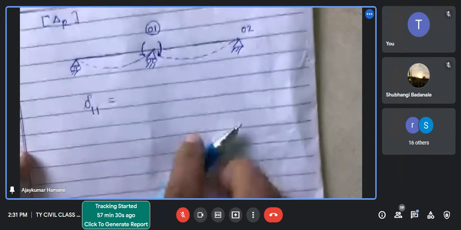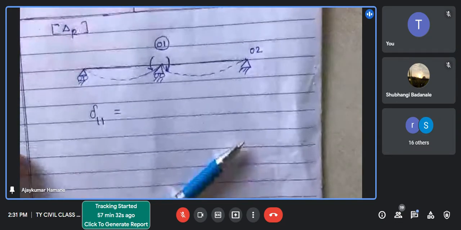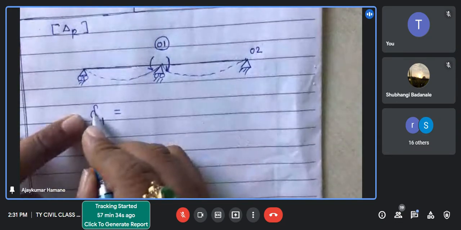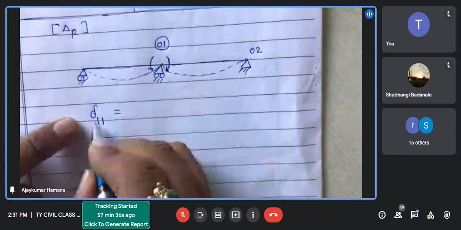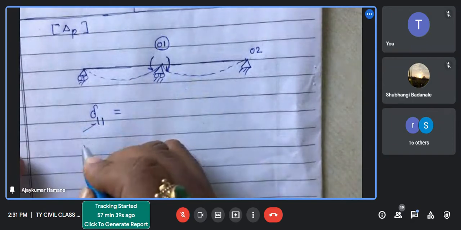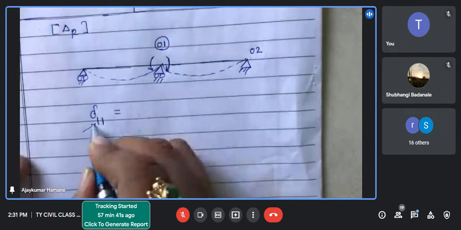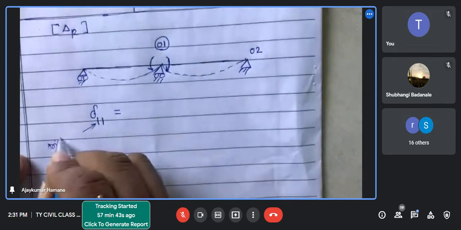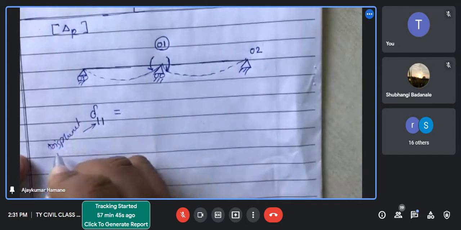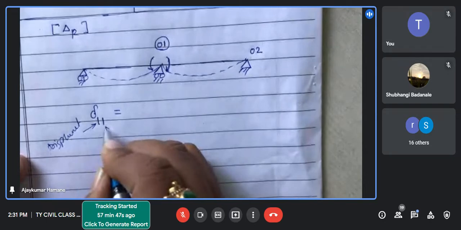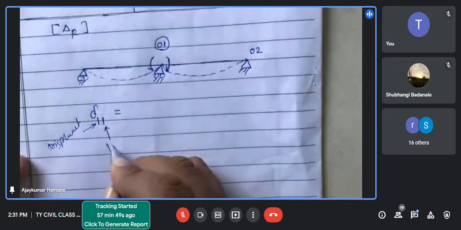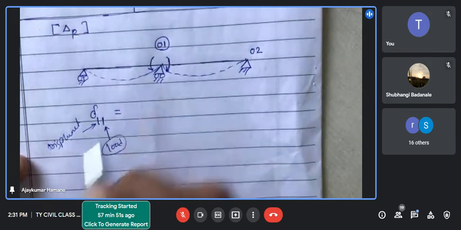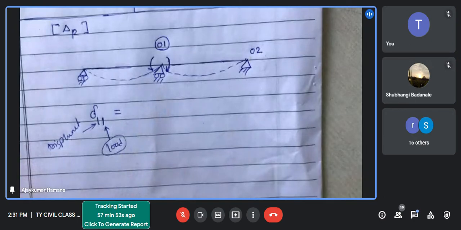Delta 1 1. What does delta 1 1 mean? I will explain. It is the displacement at coordinate 1 due to the load acting on coordinate 1.